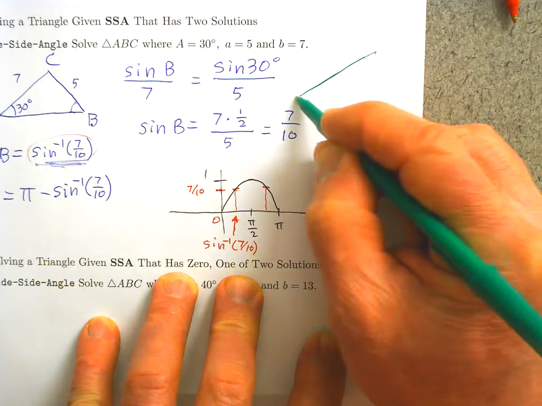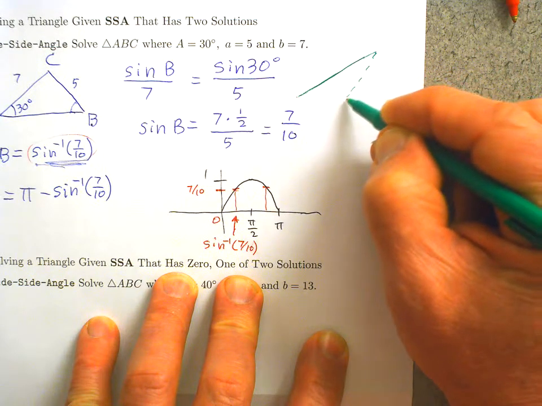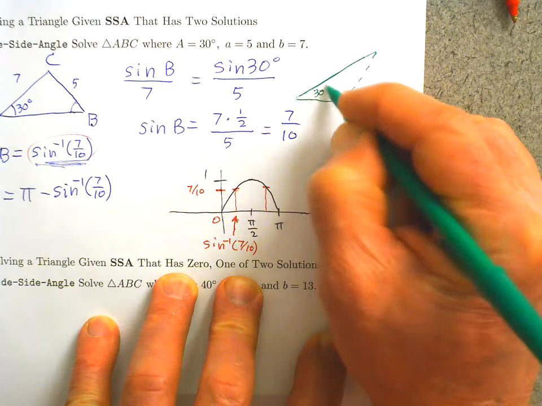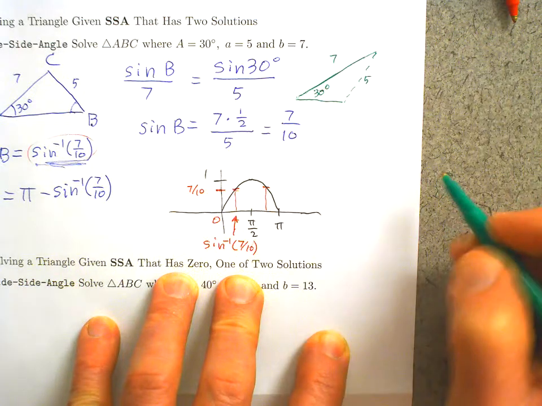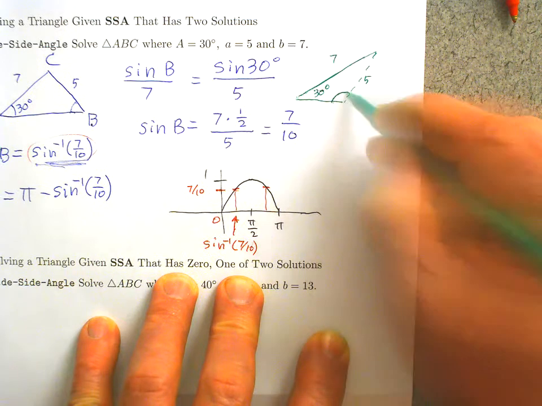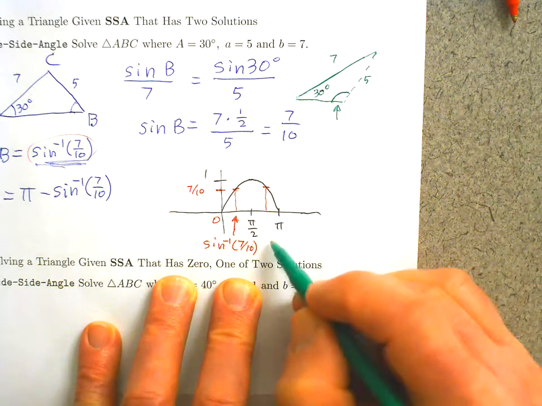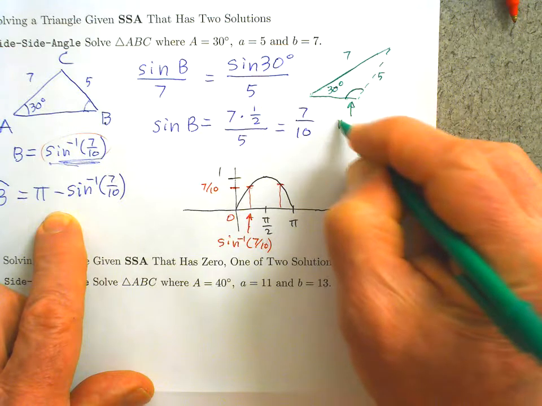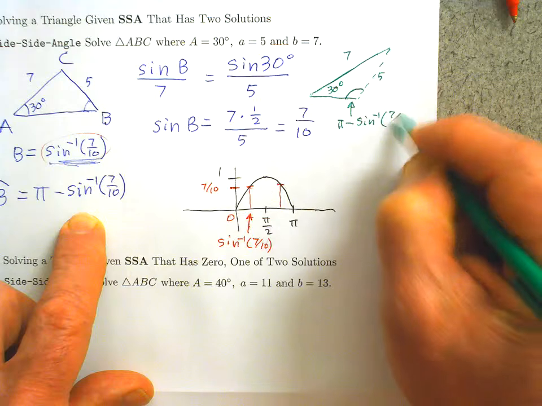So we could have one triangle like this, where this is our 30-degree angle, and this has length 5, and this is 7. And this is the bigger angle. So this angle right here is this one over here. This is the pi minus inverse sine of 7/10.